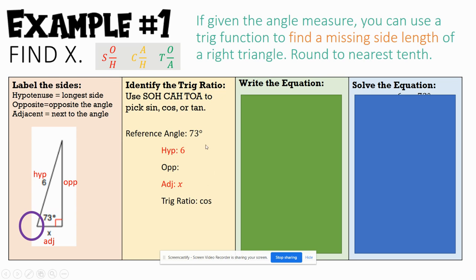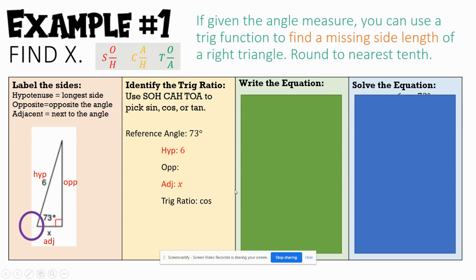So that's how you narrow it down. You're going to be given one of the side lengths, and you're going to be asked to find one of the side lengths. And depending upon whether those sides are the opposite, adjacent, or hypotenuse, that's how you figure out what trig ratio to use. Now, when you write your equation, we know it's going to be cosine of that angle.